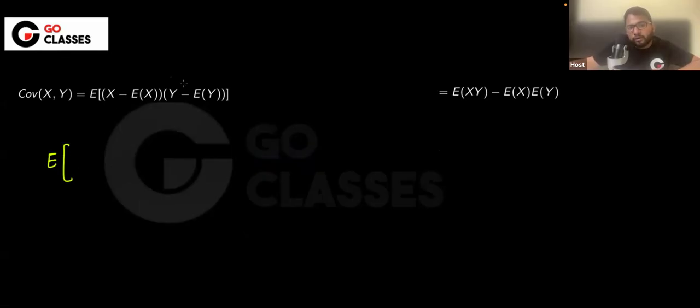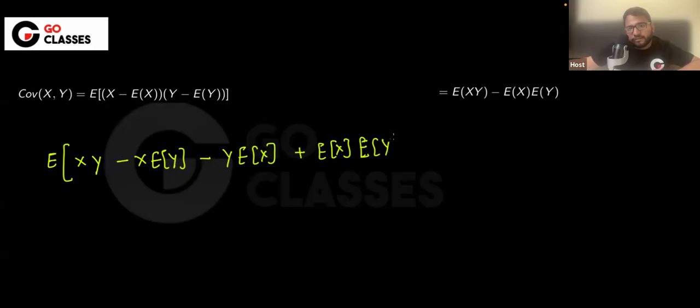So you can multiply this inside: xy minus x into E[y], minus y into E[x], plus E[x] into E[y]. How many of you understood this expansion? It is just a multiplication. I think all of you, right?